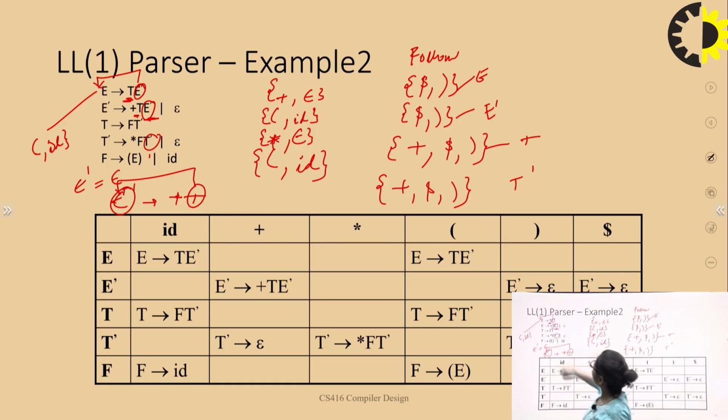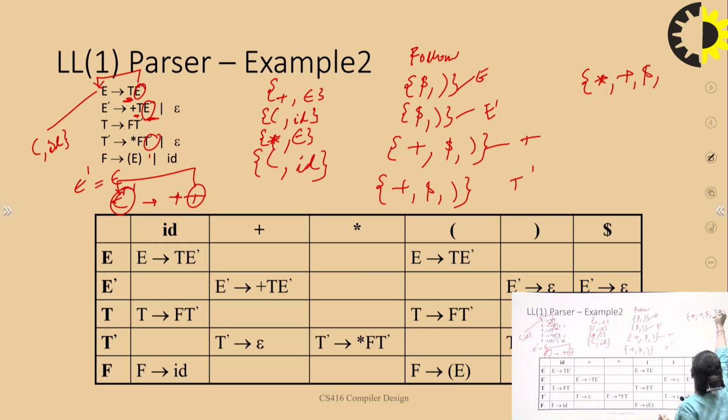T dash. What is the first of T dash? And when epsilon is put here, then again we need to copy this: plus, dollar and closing bracket. This is the follow of this particular non-terminal.